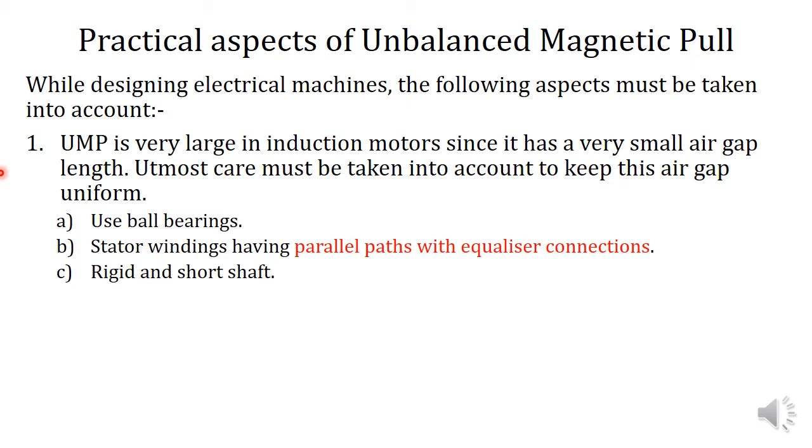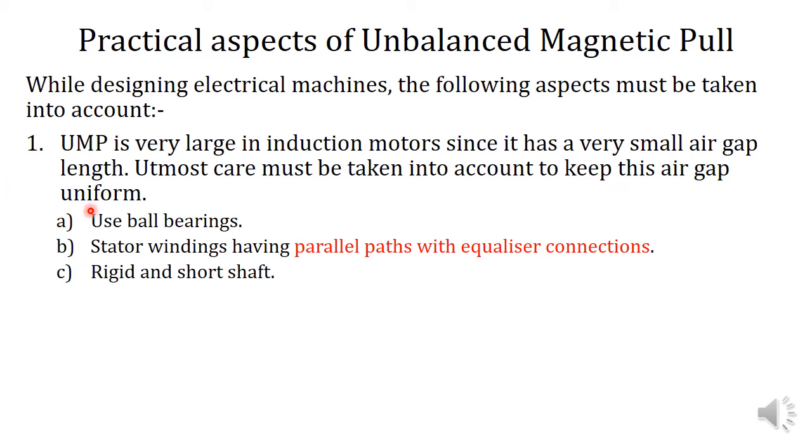As compared to other machines, induction motors have a very small air gap length, so the effect of unbalanced magnetic pull will be more in induction motors. So utmost care must be taken to keep this air gap uniform. If there is a very slight change in the air gap length, then the effect of unbalanced magnetic pull will be very large.